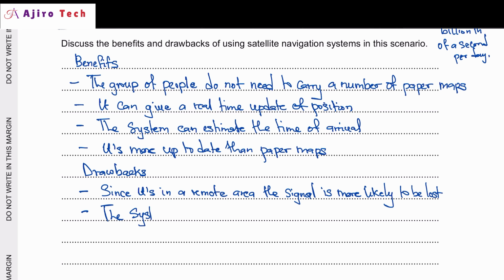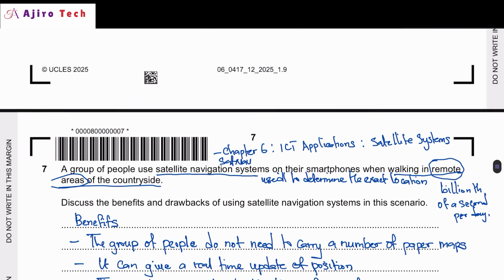The system needs to be kept up to date as the route changes. So if the route has changed, what happens? You get lost. Okay, so I think this is clear.